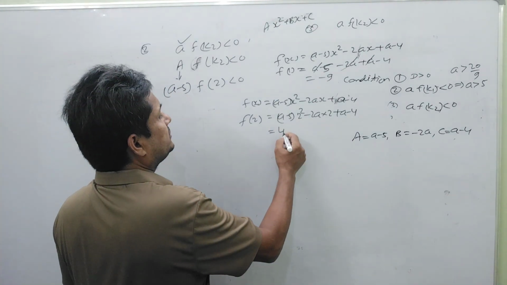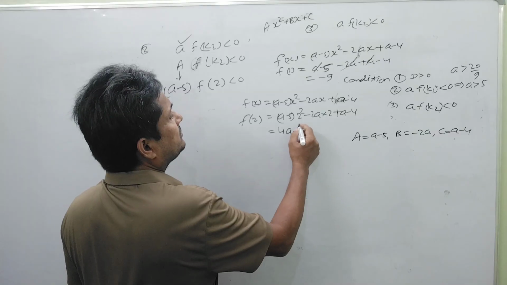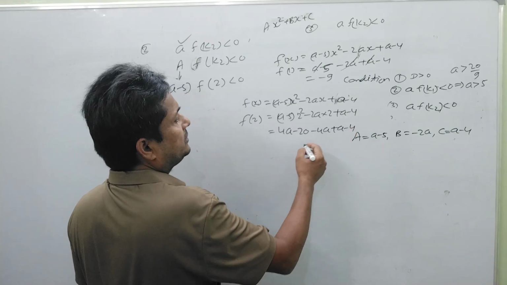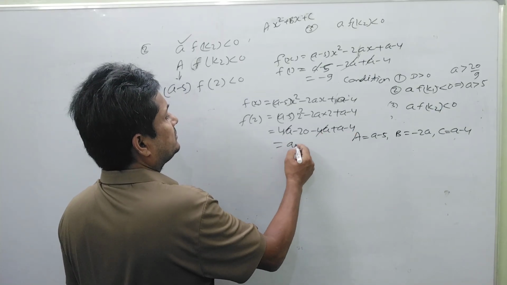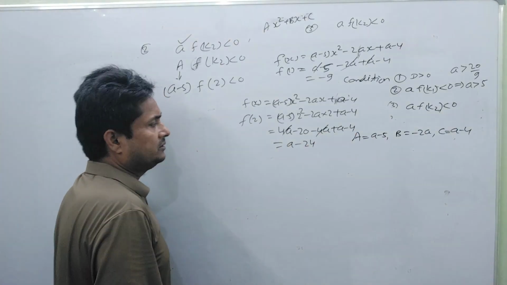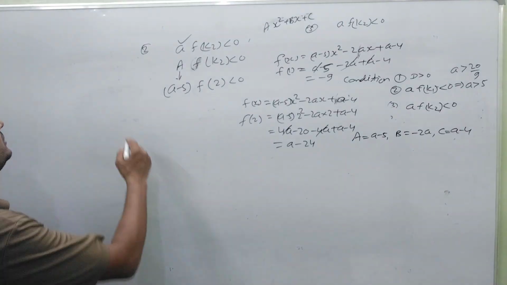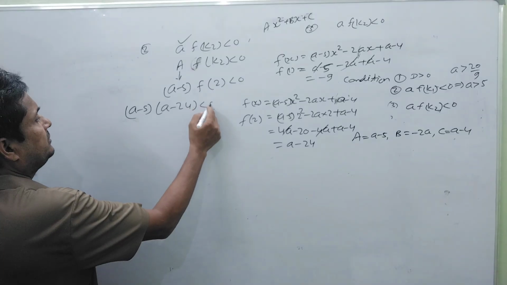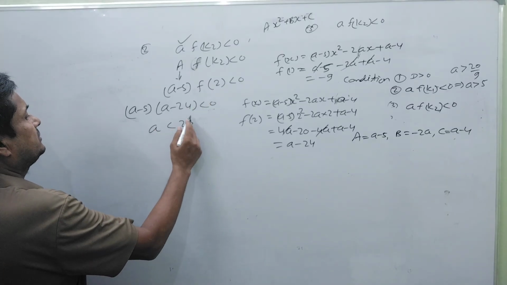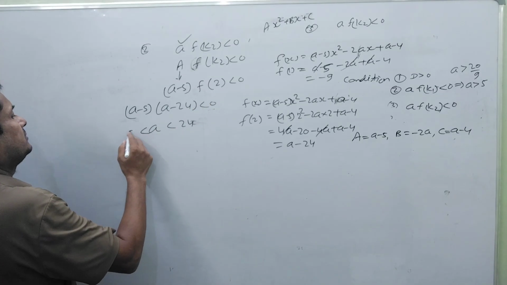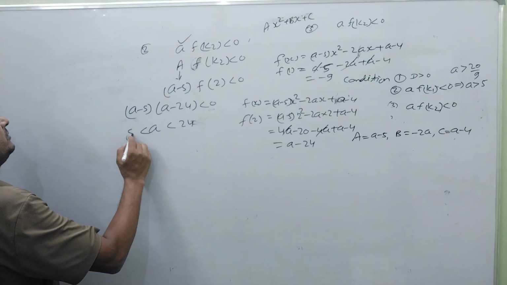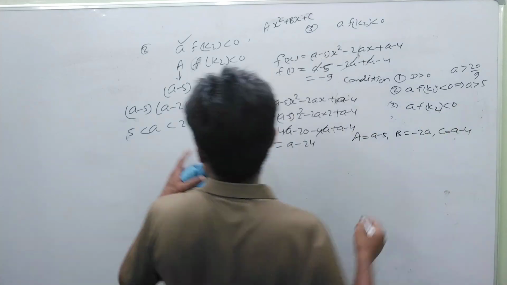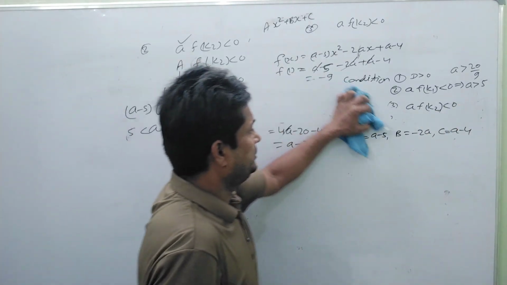So this is 4a minus 20 minus 4a plus a minus 4. This cancels out, so it is a minus 24. So it is coming (a minus 5)(a minus 24) less than 0. So this is 5 to 24. This is the answer from case number 3.